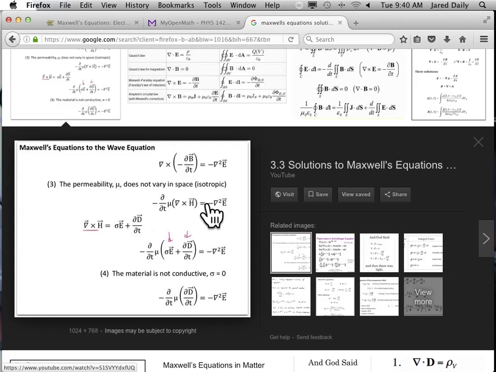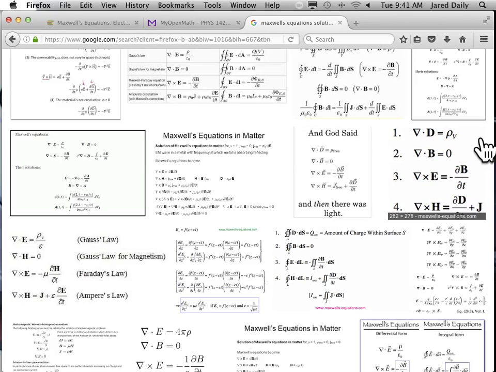In fact, any one of these is a solution. These solutions may look kind of crazy and funky, but what you get is something changing in time on one side and something changing in space on the other. And when you have something that changes in time and space, we call that a wave.